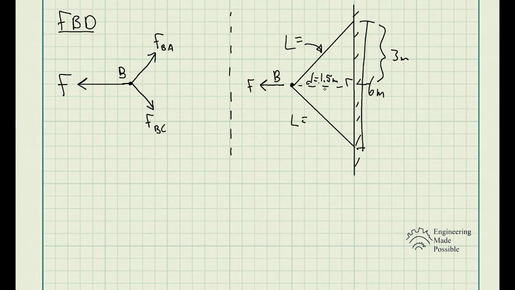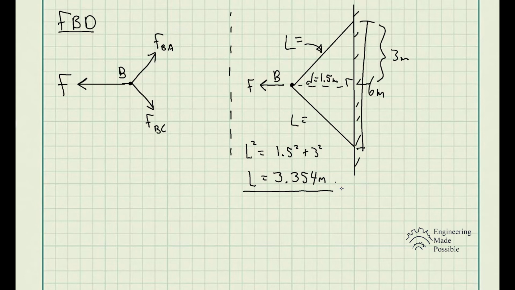So let's go ahead and solve for it. We're going to use the Pythagorean theorem. L squared is equal to 1.5 squared plus 3 squared. Square rooting it, we get a length of 3.354 meters. So this is the total length of each spring after it's been stretched.